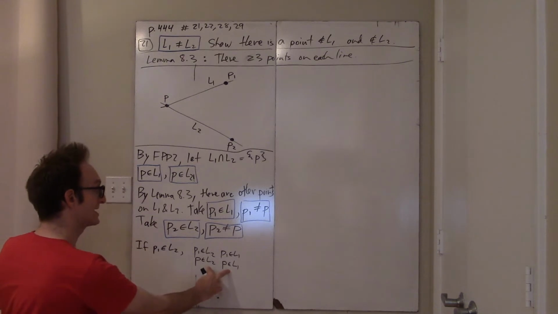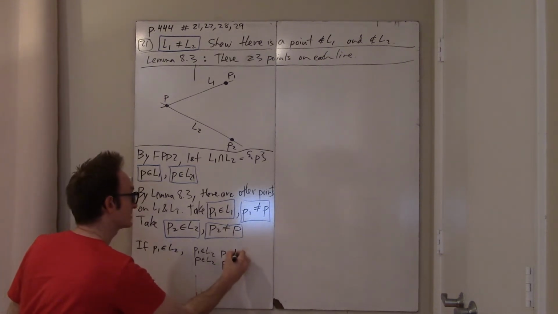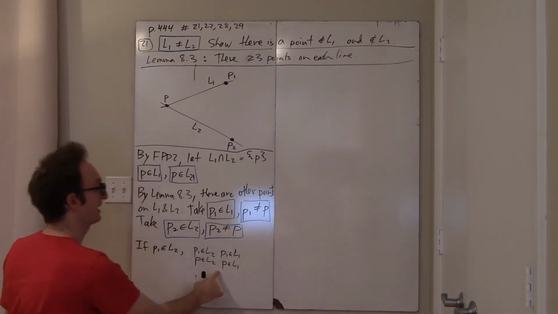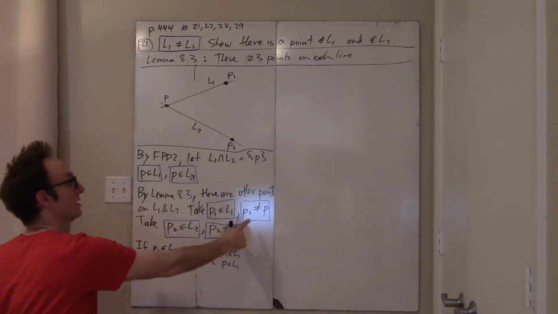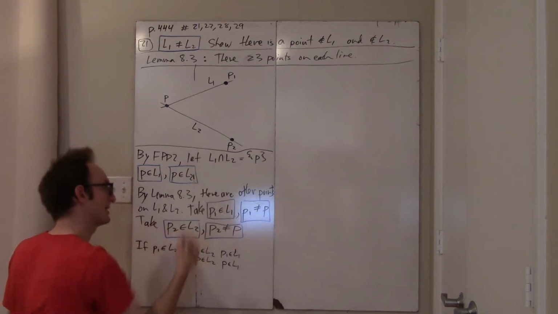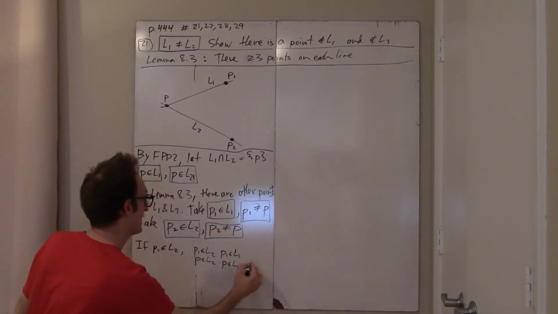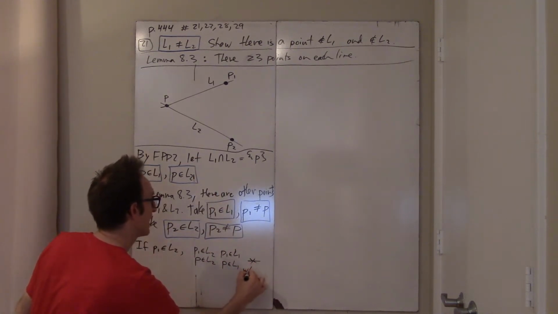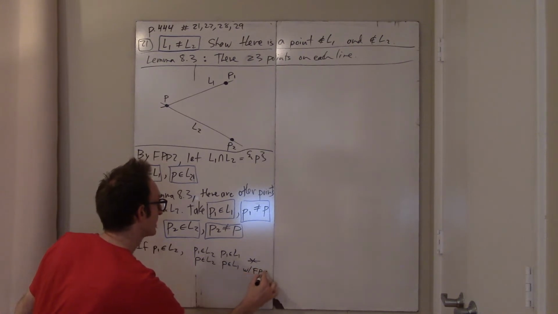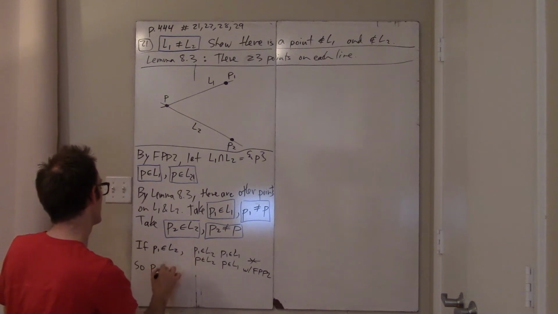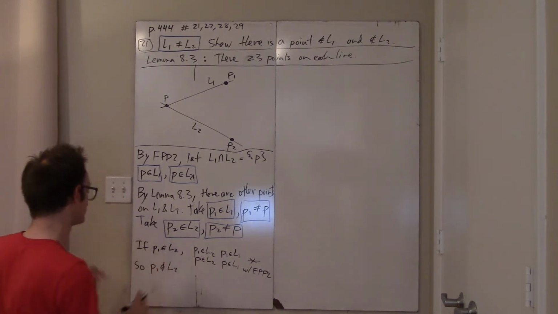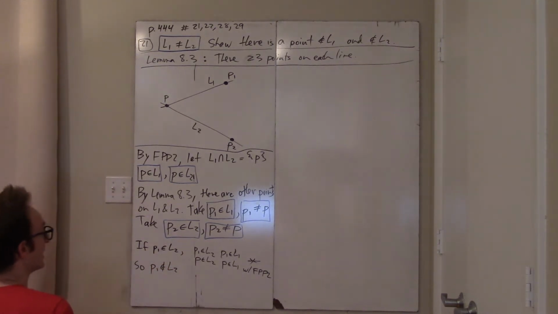But this has 2 distinct lines, L1 and L2, meeting at 2 distinct points, P and P1. P and P1 are different, L1 and L2 are different, so this is a contradiction with FPP2. And so, conclusion, P1 is not on L2. Put a box around that.